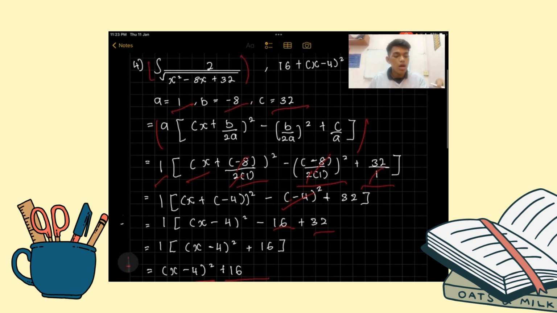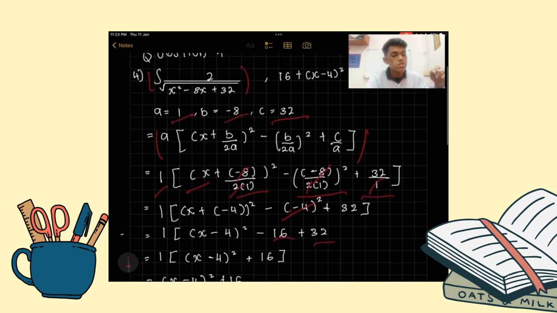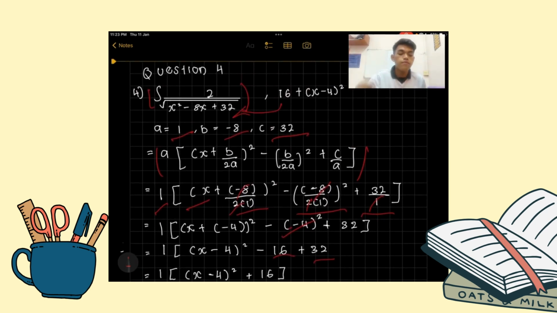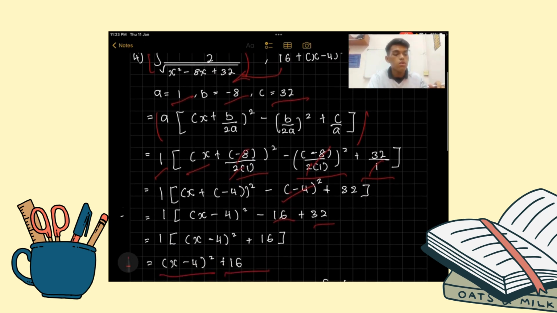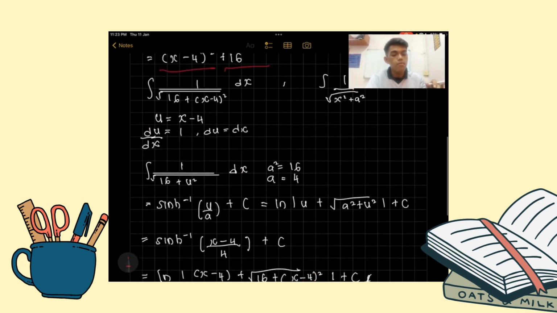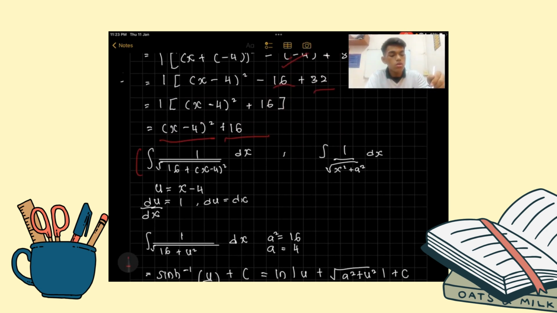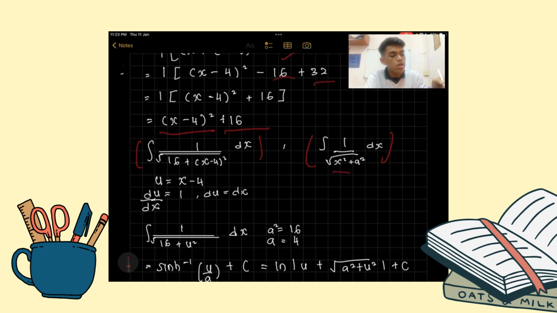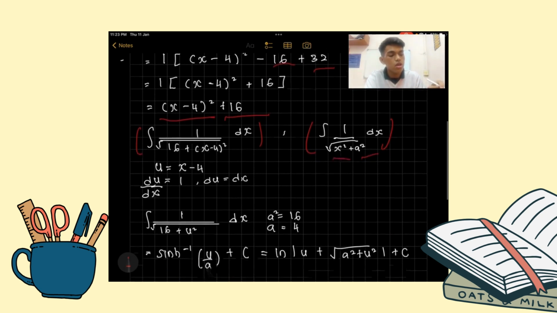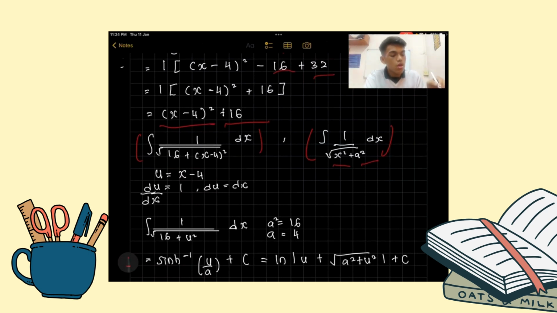From this answer, x minus 4 squared plus 16, we put it into the solution. It becomes the integral of 1 over the square root of 16 plus x minus 4 squared dx, which uses the appendix formula for the integral of 1 over the square root of x squared plus a squared dx. Here x squared is x minus 4 squared, and a squared is 16.